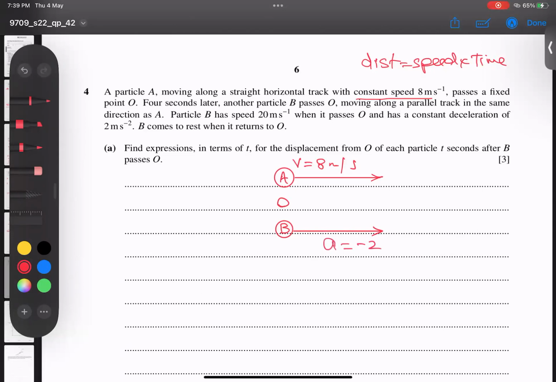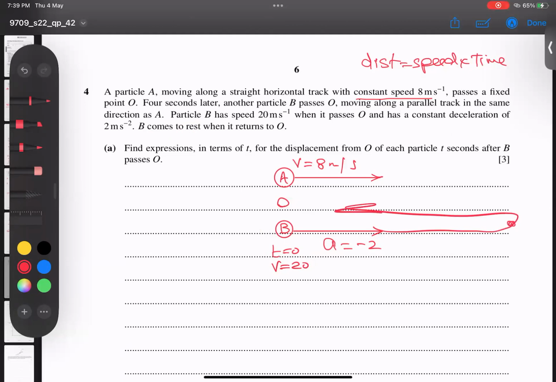I'm writing the negative sign. And the speed of B when it passes through O is 20, so when time was 0, its velocity was 20 at this point O. And B comes to rest when it turns, meaning it will stop and then turn back.